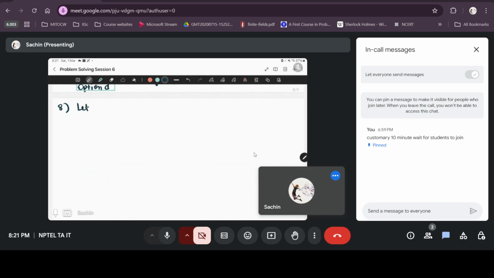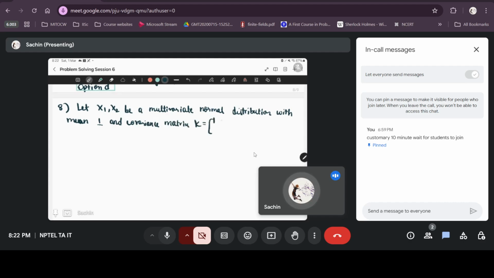Question 8. Let x1, x2 be a multivariate normal distribution with mean vector 1 and covariance matrix K given by 1, 0.3, 0.3, 1.